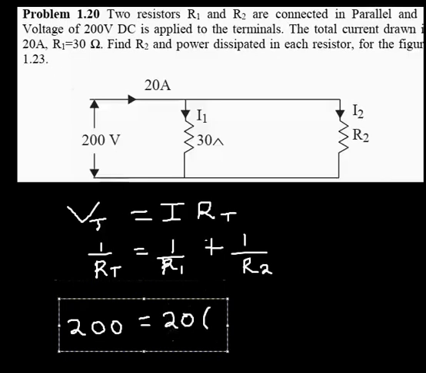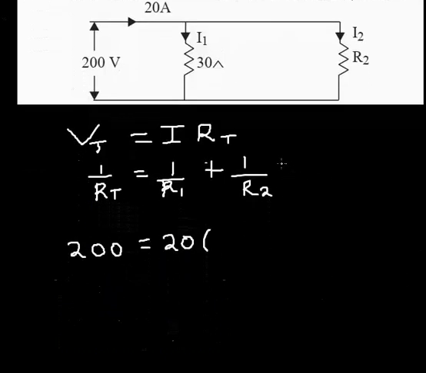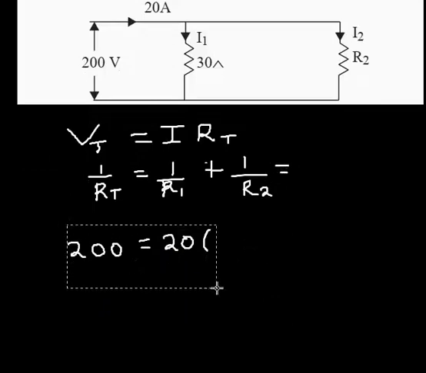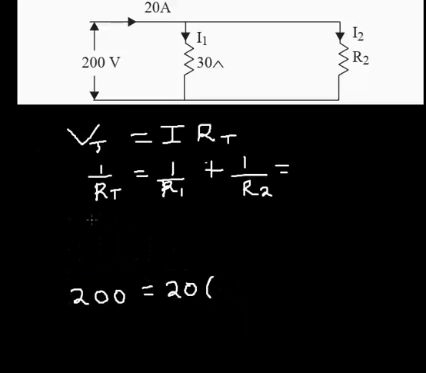When two resistors are connected in parallel, the total resistance is given by product over sum. Please take note of that.